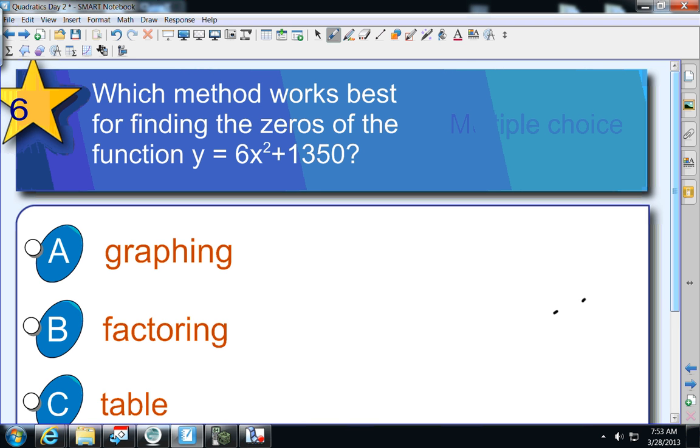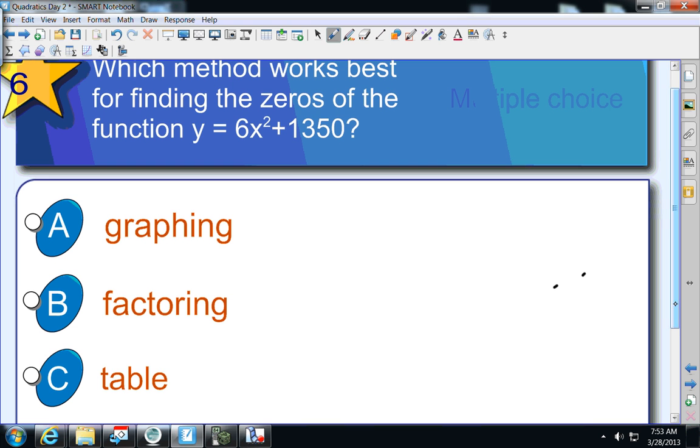This one said, what method works best on finding the zeros of the function? What it's saying is, look at the way it's set up. If I said you could solve and find your zeros, find your solutions, any of these 3 ways, which would you do? Graphing or table, you didn't want to factor? Actually, in this case, you can't factor because there's a plus inside right here.